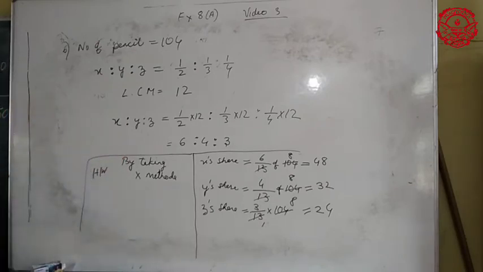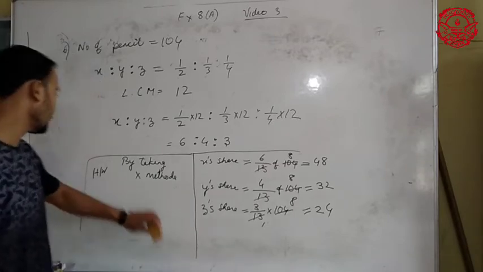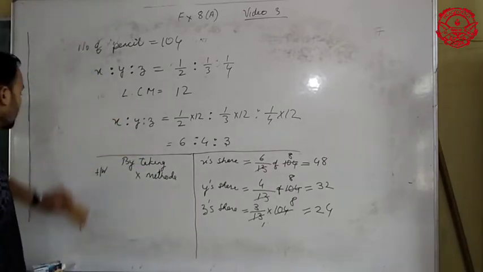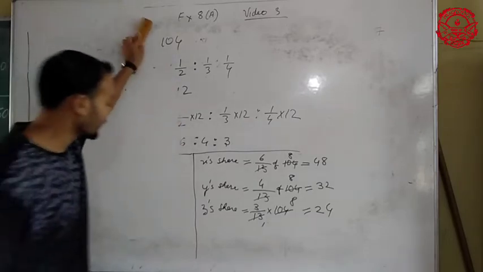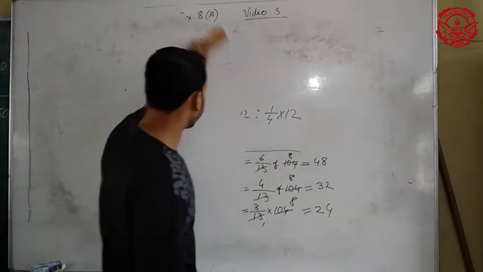Okay, we move on. Yes, there is a question about quadrilateral. You know what a quadrilateral is? The sum of the angles of a quadrilateral is 360 degrees. A rectangle is a quadrilateral.